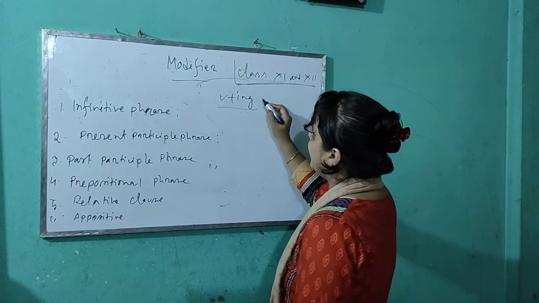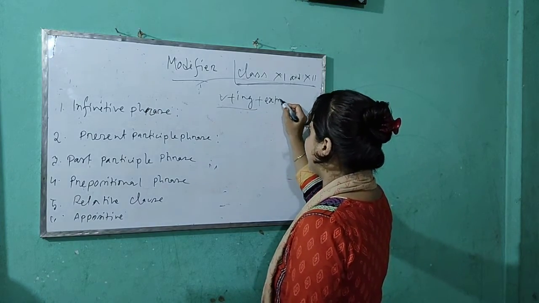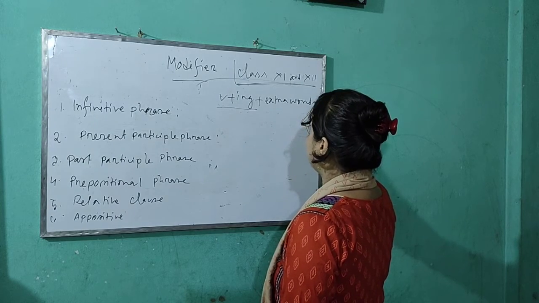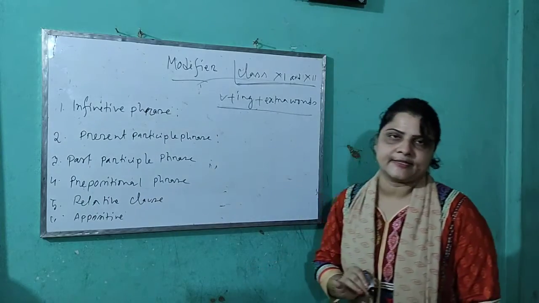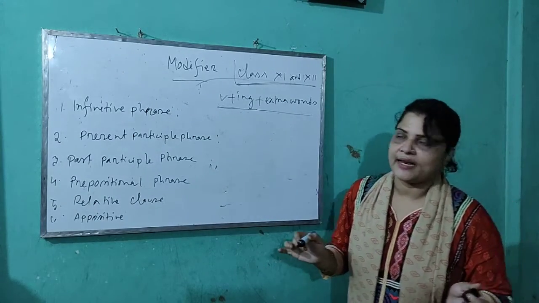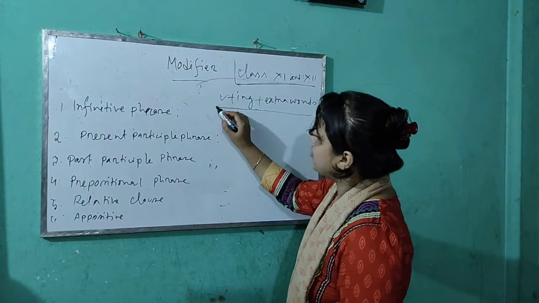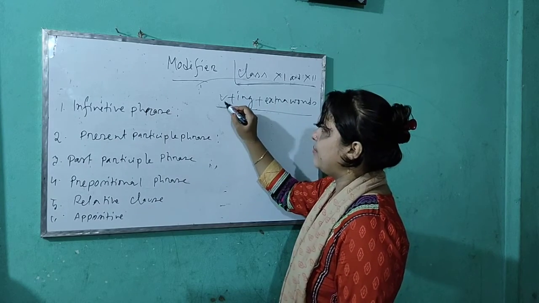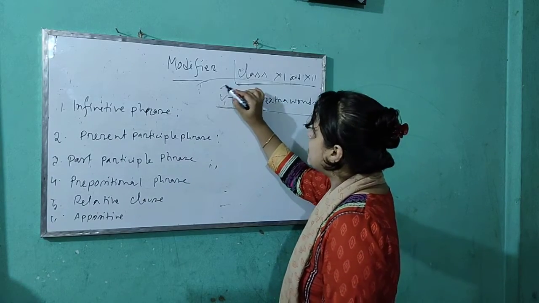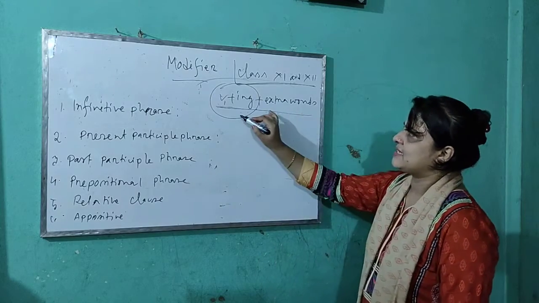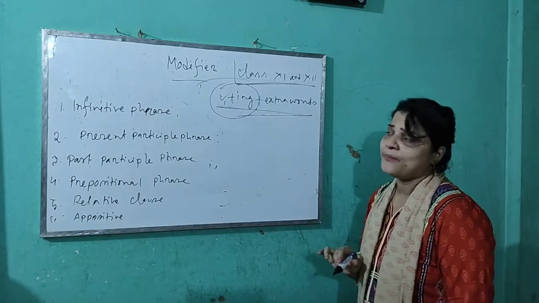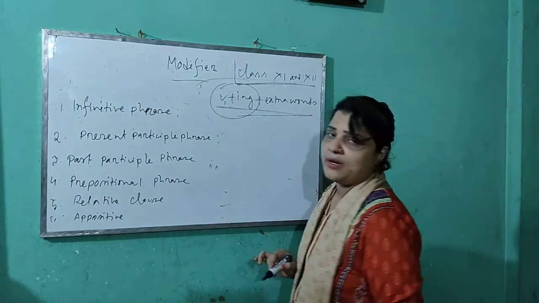But whenever you use extra words, it will be a present participle phrase. Do you understand? When you use verb plus ing, this is called participle. But when you use extra words, this is called present participle phrase.